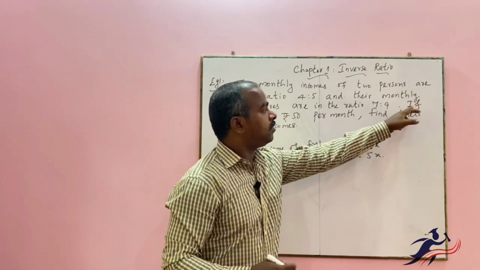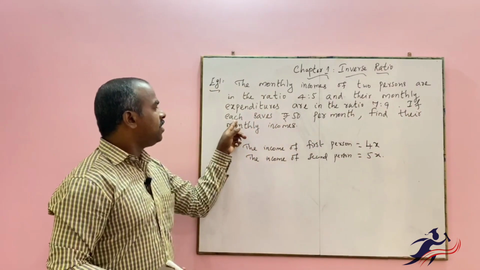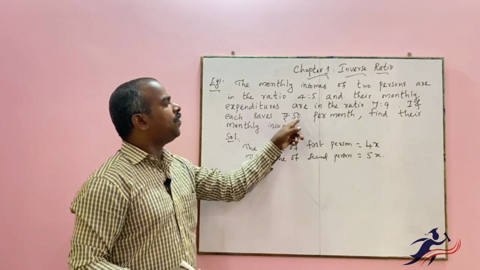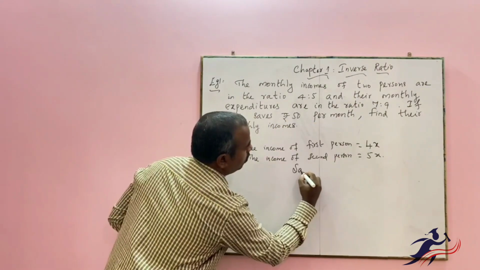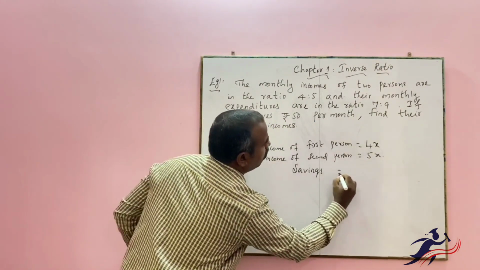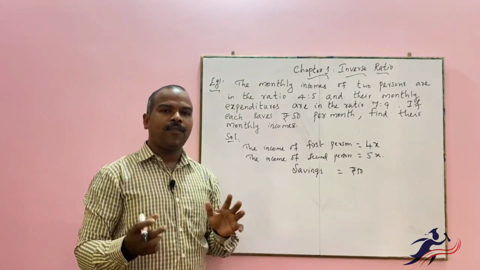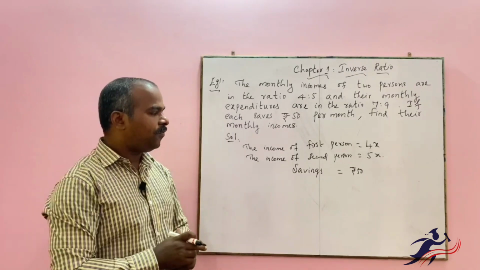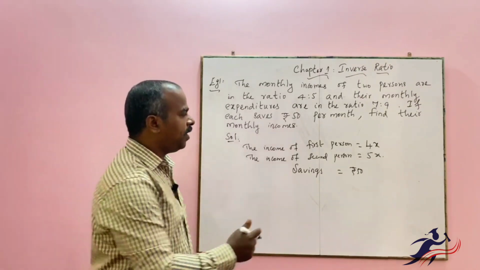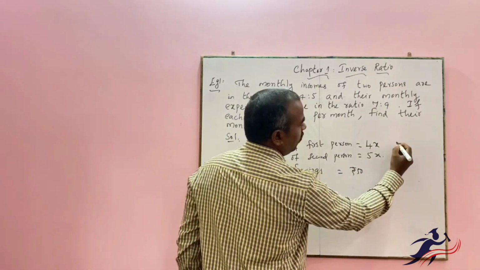Further information is also given: each saves rupees 50 per month, so savings is equal to rupees 50. From this we can find the expenditure of each person.